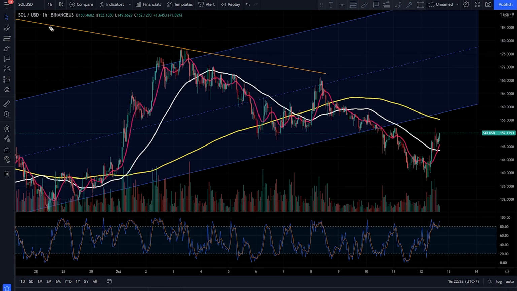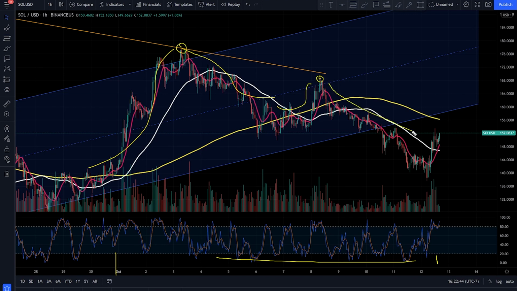Let's take a look at Solana on a 1-hour chart and just focus from October until now. Solana ran up to about 178, then retraced, bounced up to about 168, then retraced. So it was setting up this higher low. We also have this lower low as the price continued to trend lower.